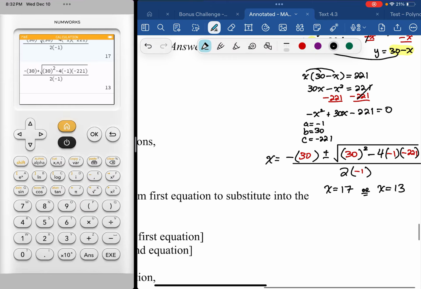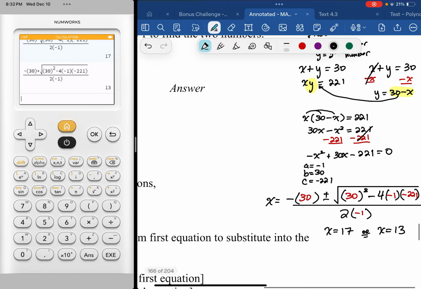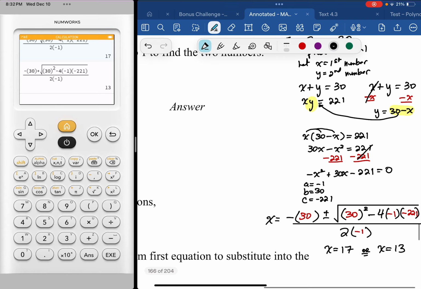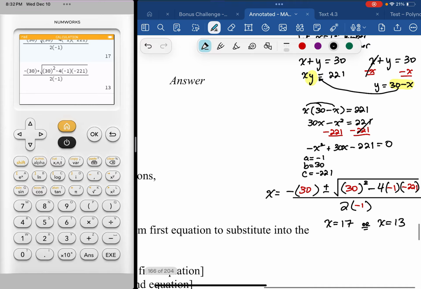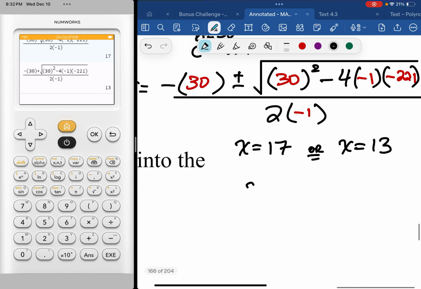All right, so those would be two values that satisfy the equation. So again, x is the first number, y is the second number. I'll take my x plus y equals 30, and I'll replace the x value with a 17.